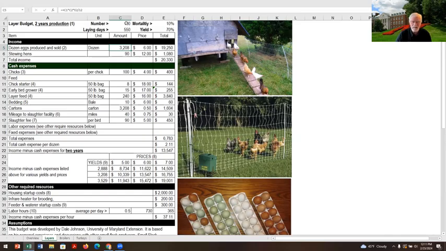Okay, one more time. I've got 100 chickens producing for 550 days times 70% egg yield. And then I divide that number by 12 and I get 3,200 dozen that I'm going to produce over 2 years. I want to keep emphasizing that. That's not a year. That's over 2 years of production.